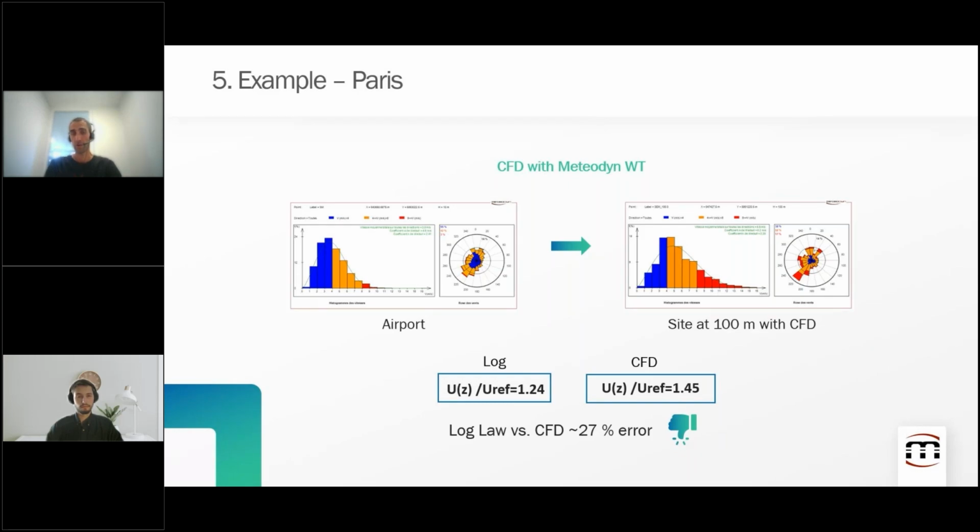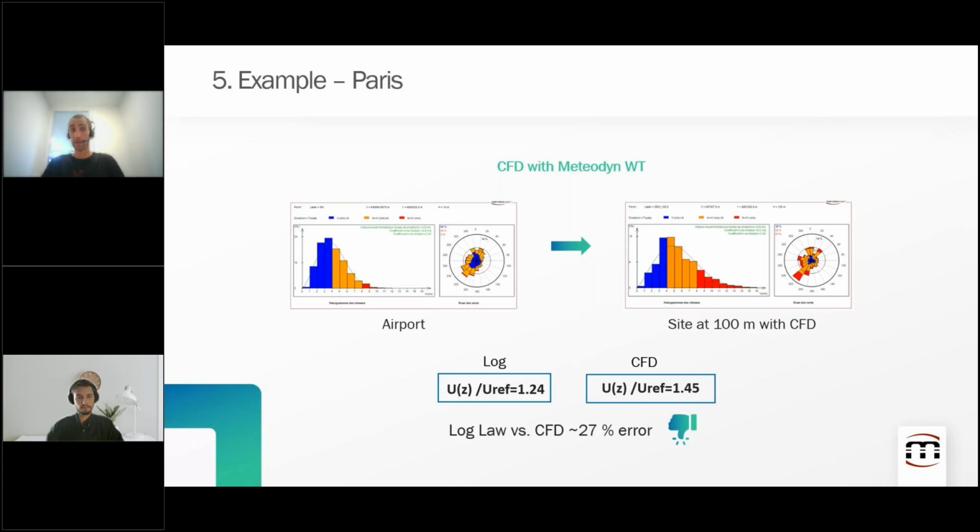So the log law using a uniform roughness length at my site does not work in this case. You should take something maybe smaller in your roughness length, which is not easy to interpret. So here you see you have 20% error between these two approaches on the mean speed.